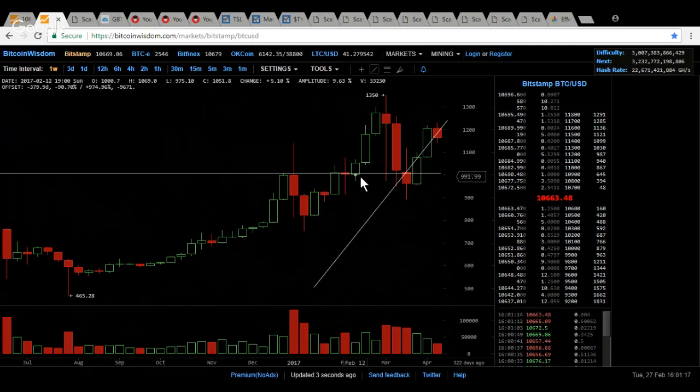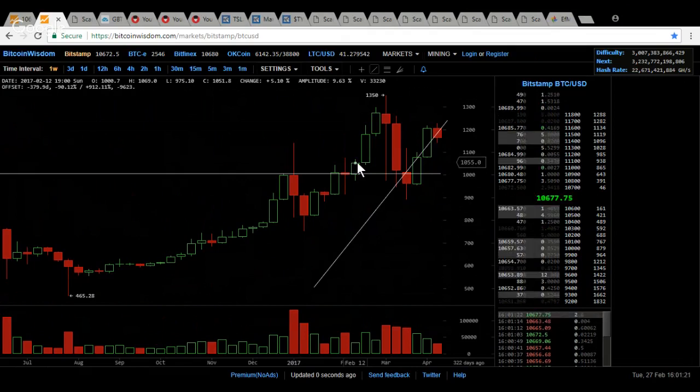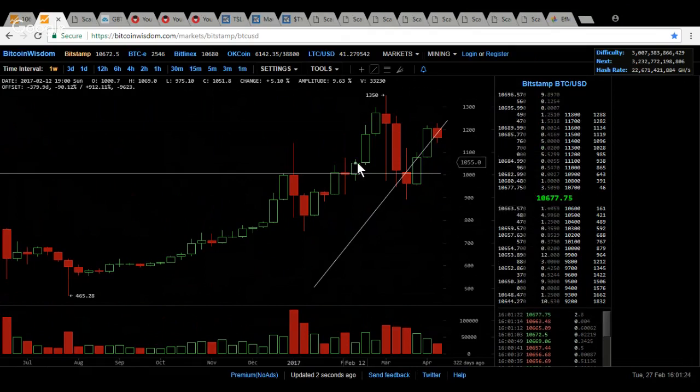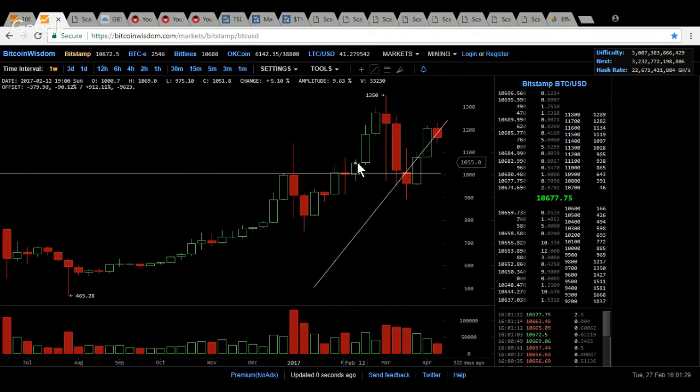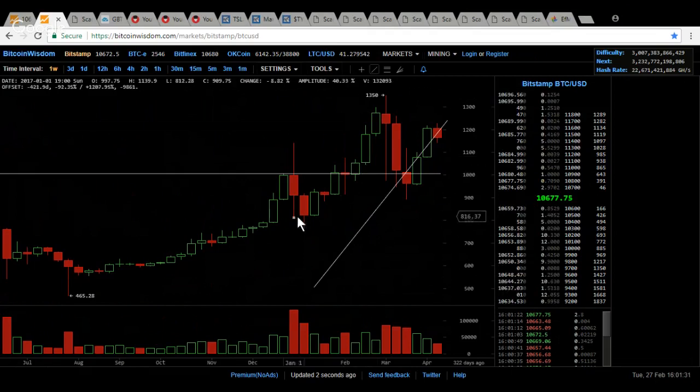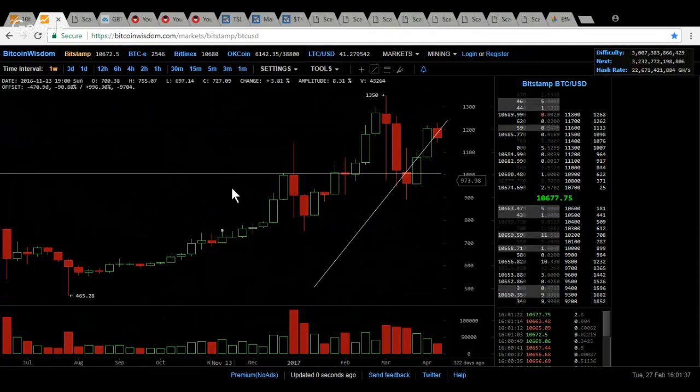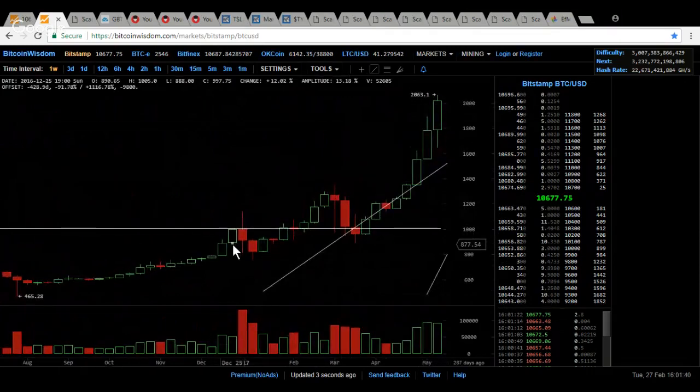The next week, we broke above it for the first time and closed above it for the first time in 9 years on a weekly basis. That's why I believe, because of this cluster, that this is a legitimate phase one line, and it lasted for years.